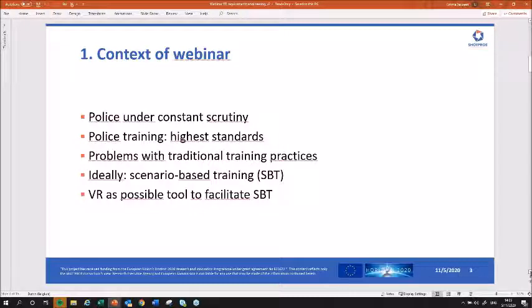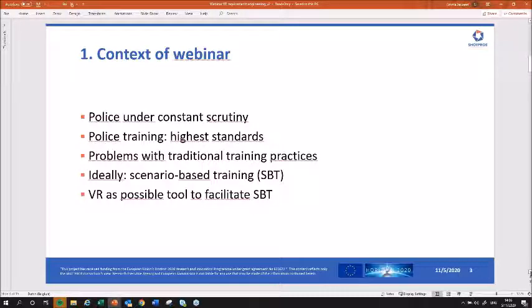But research has shown that the traditional training methods, such as classroom-based training or shooting range training, or just limited scenario-based training, are often insufficient to really transpose the skills and the capabilities that they have learned into real-life situations, especially when they are under high stress or in high-risk situations. Research has shown that there is a decline in police performance.